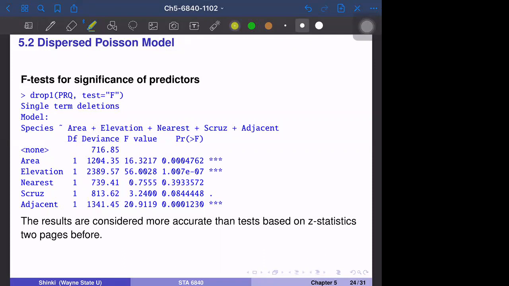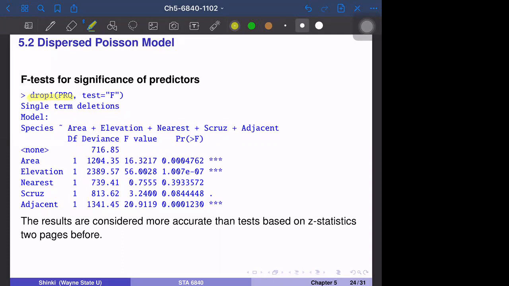If the sample size is really large, then we can rely on the asymptotics of the MLE, and we get normality. But the convergence to normality is not really fast. So using the F-test is more accurate than using the z statistic.